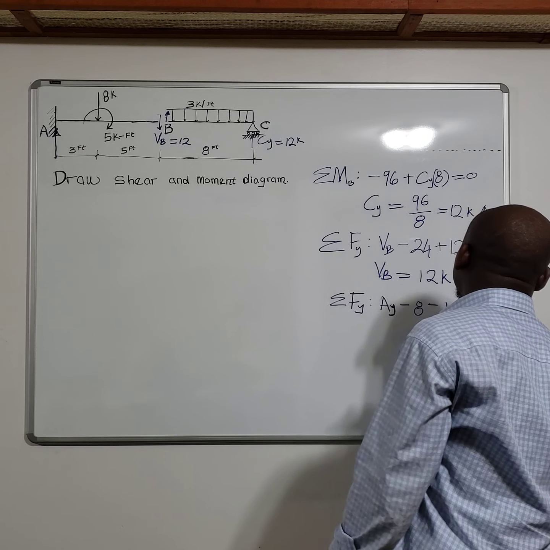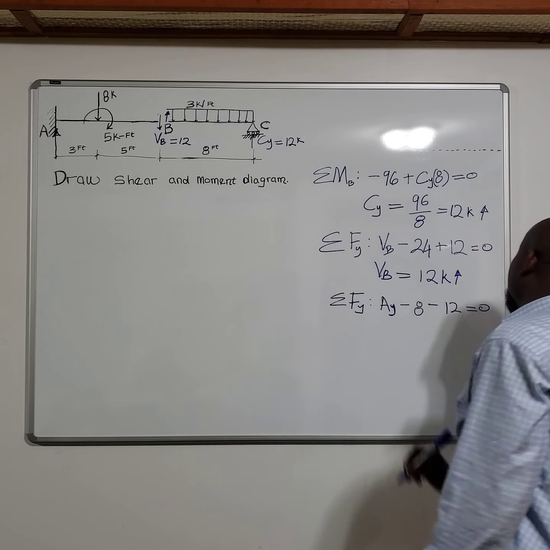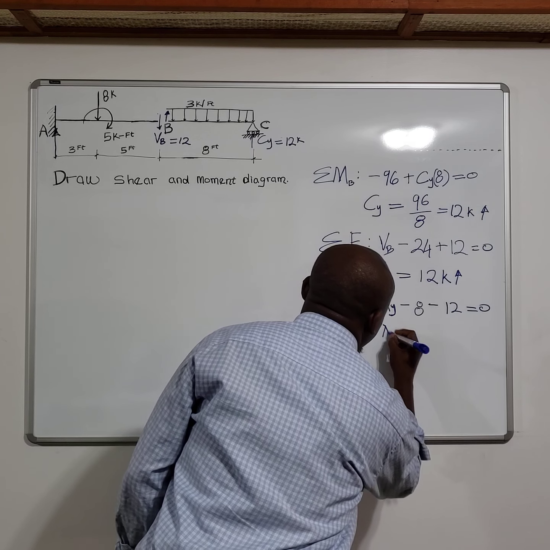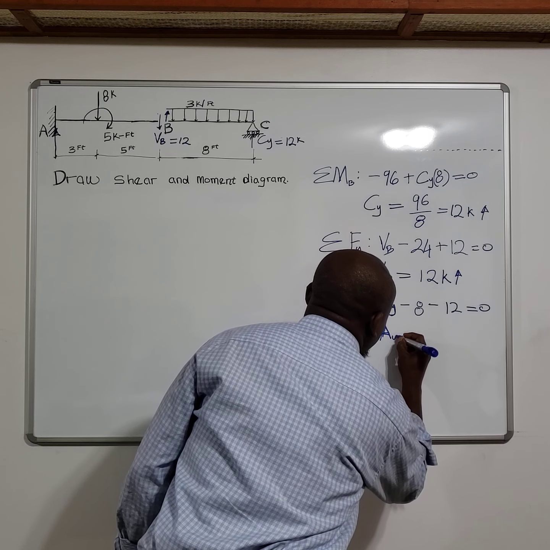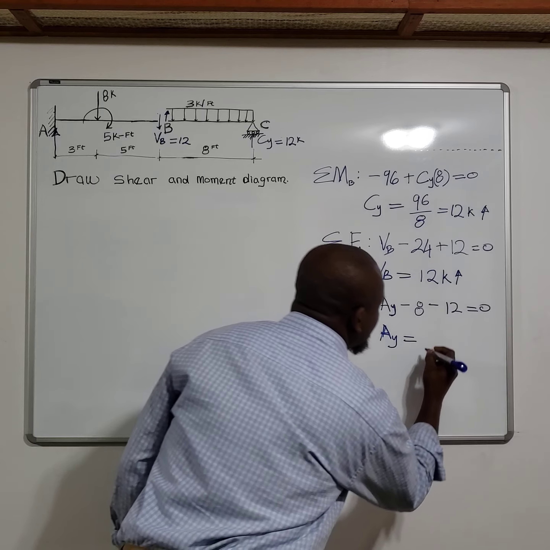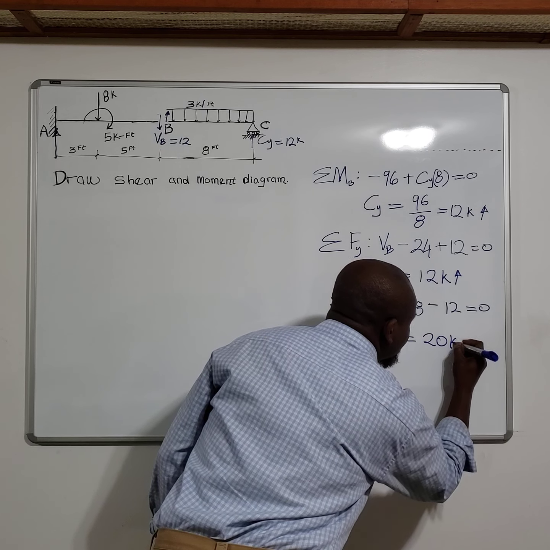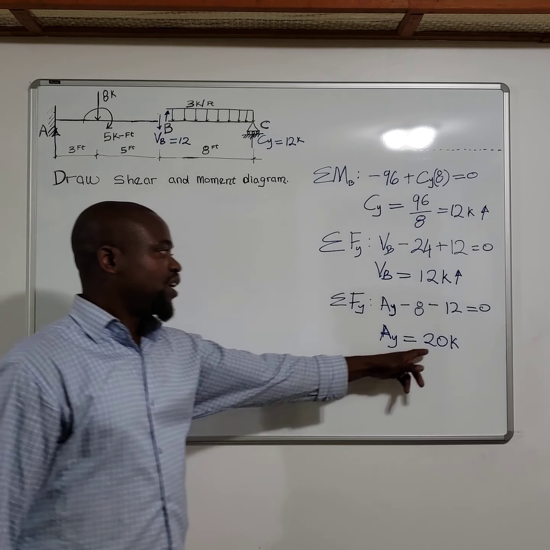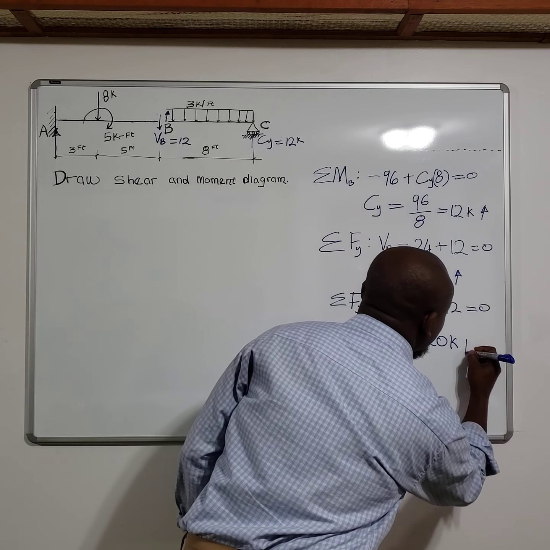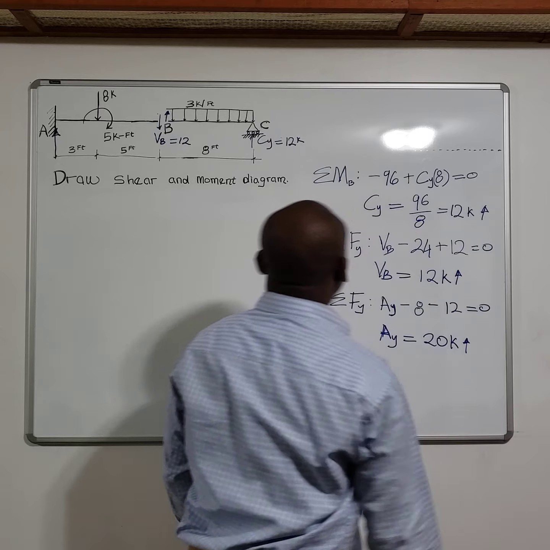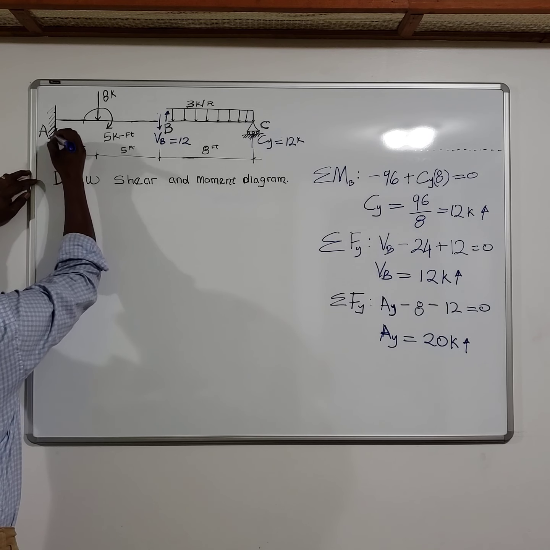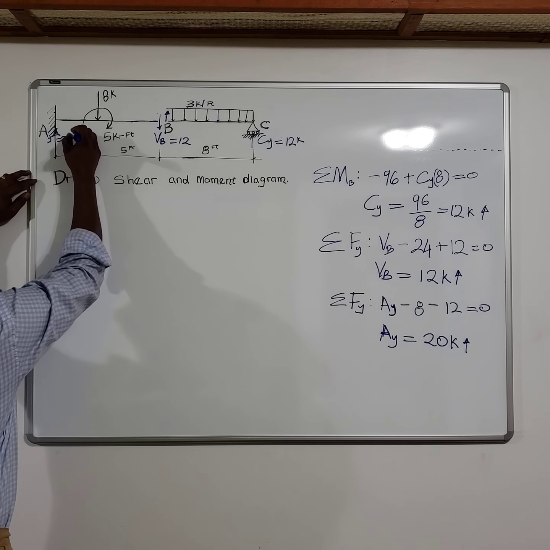So negative 12, that equals 0. Okay, when you do the math here, you realize that AY is equal to 20 kips, because when you move this to the other side of the equal sign, it becomes positive. So we know force AY is 20 kips.